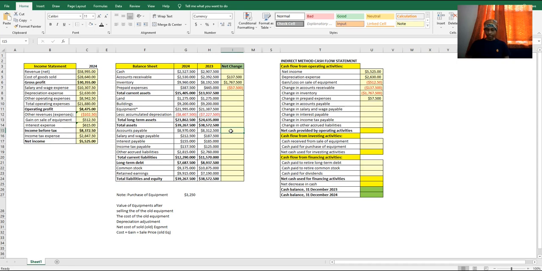Again, we have to see if there is an increase or decrease. There is an increase, so this will be a positive entry because this represents a net cash inflow. Change in salary and wage payable. First, let us see whether it has increased or decreased.